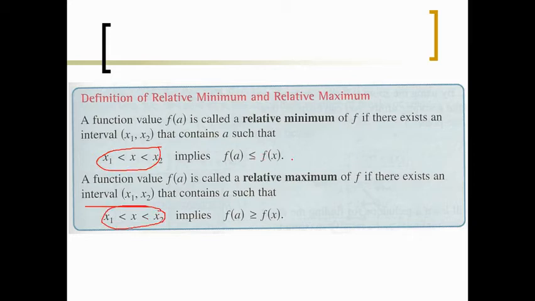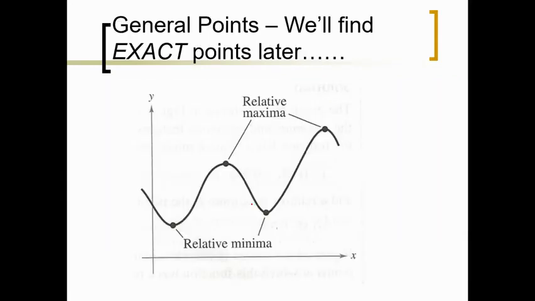However, if it's a minimum, notice that this is less than or equal to. If it's a maximum, it's greater than or equal to. That's the only difference between these.